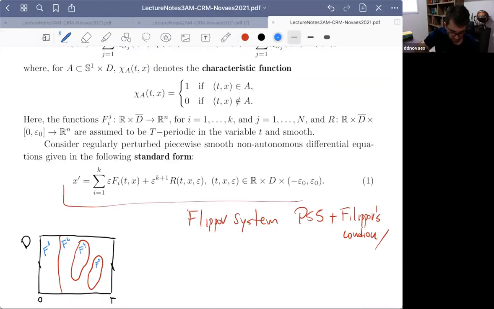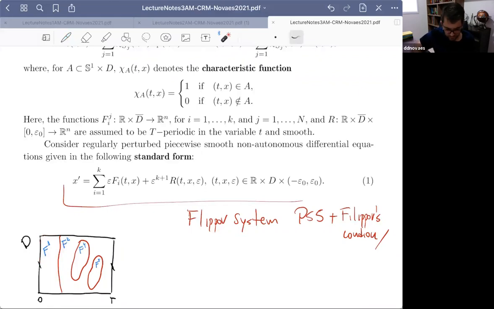In each one of these pieces I consider this differential equation, and the solution is given by Filippov's convention. So this is the context we are going to work in now.